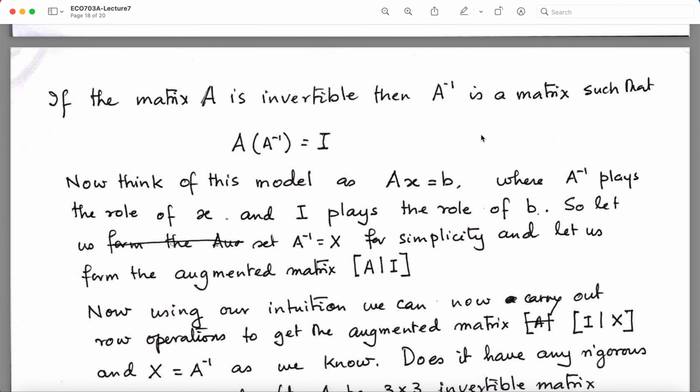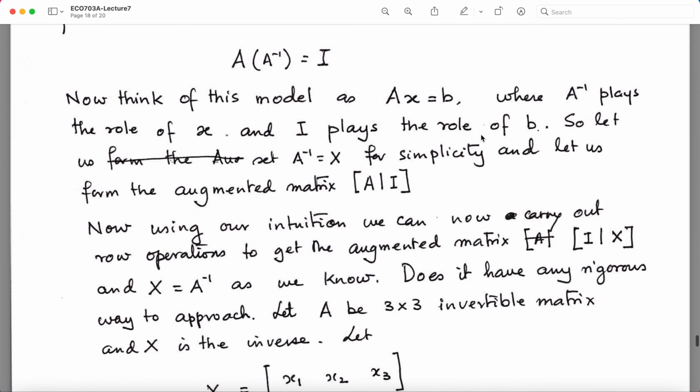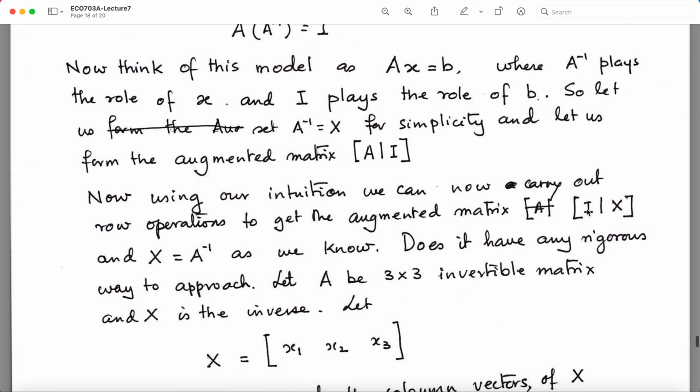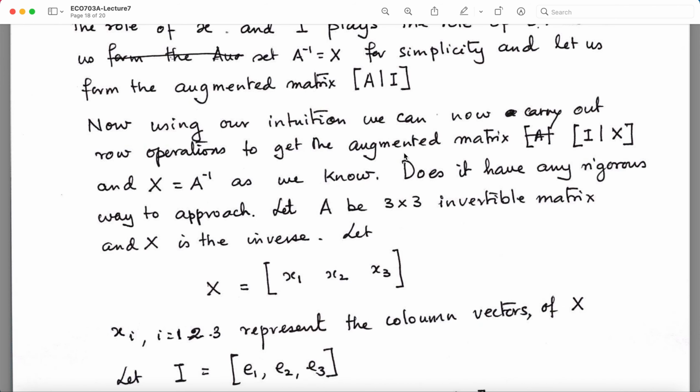Once you extend your imagination, you can immediately say that I can reduce this [A|I] to [I|X], where X is the matrix. So if I do a row operation on this, when A is on the left side, A is transformed to I and I would be transformed to the inverse of A. That's fantastic. Intuitively, it looks fantastic.